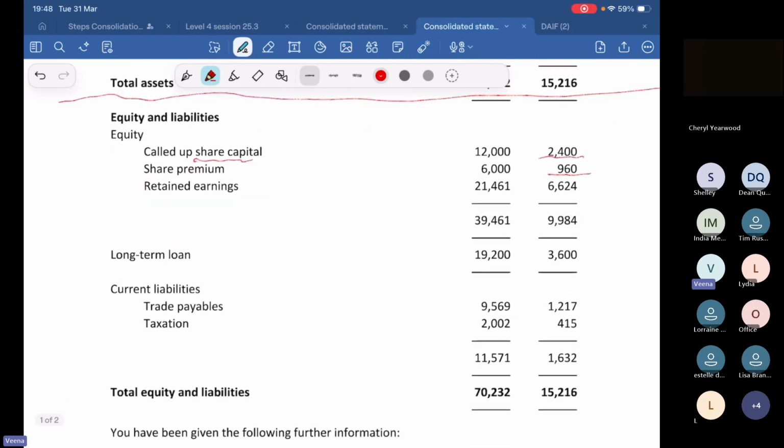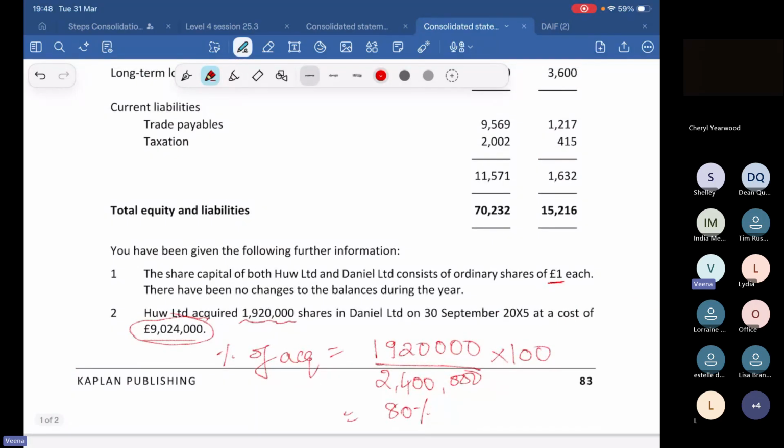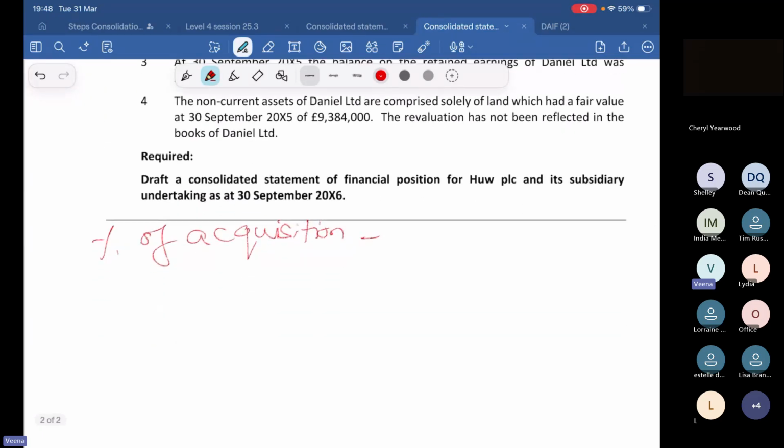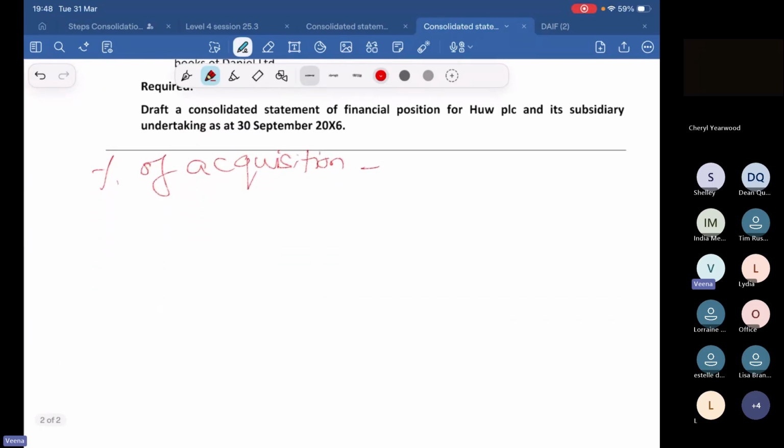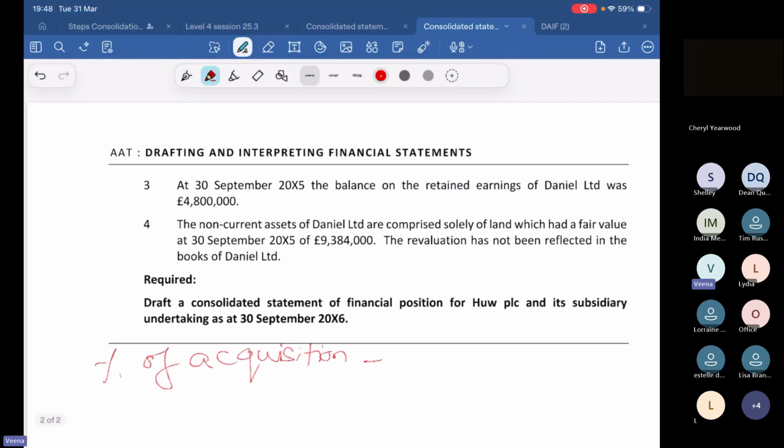So what is the next step that I'm going to do? The next step is goodwill calculation. What is goodwill, and why is it required?